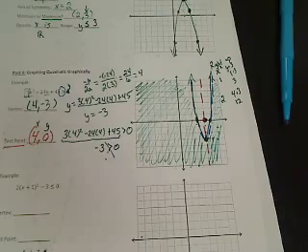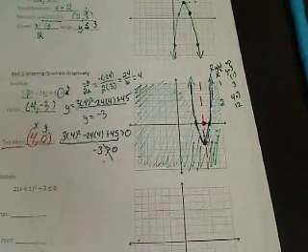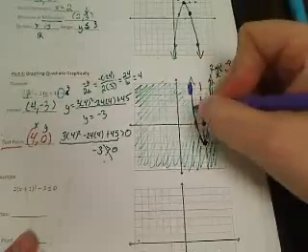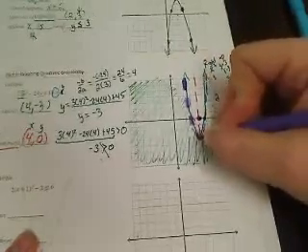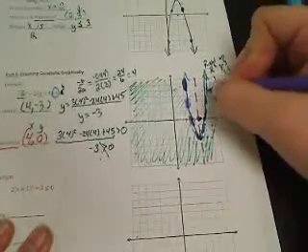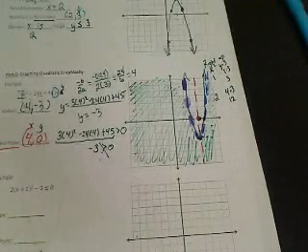So to kind of highlight the parts a little bit better, we would space out our line with little gaps. And that would be our first quadratic inequality.